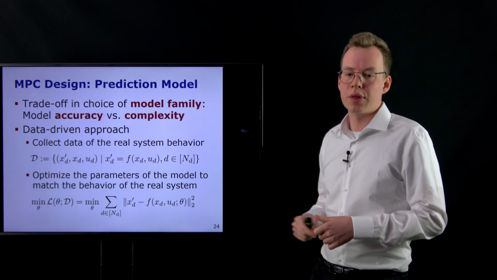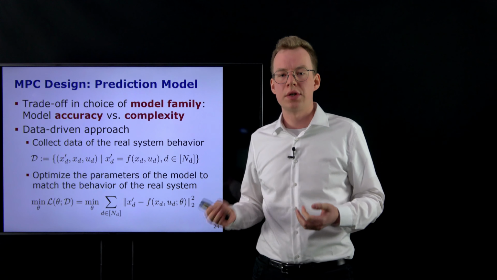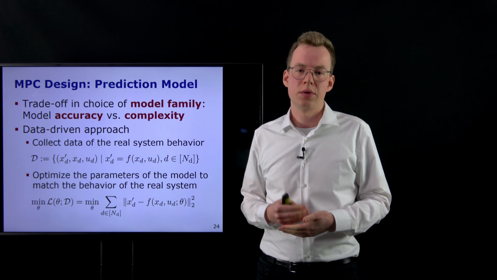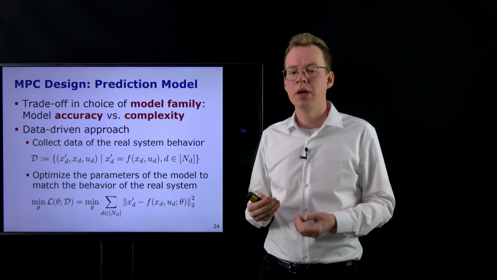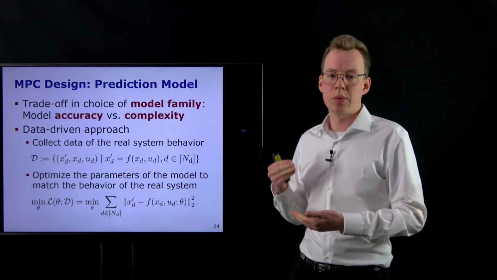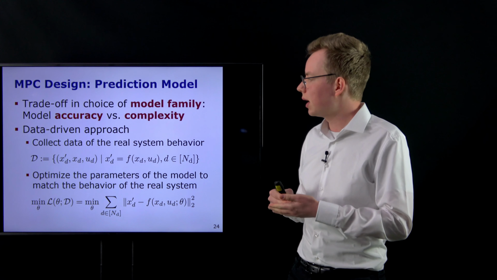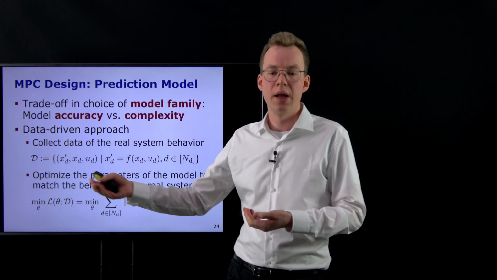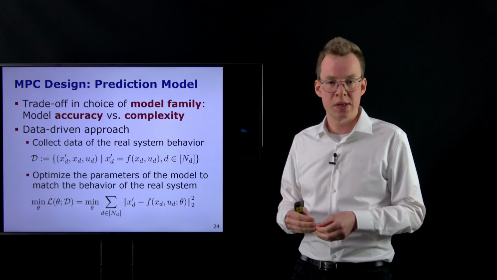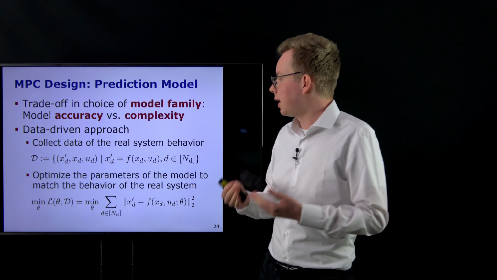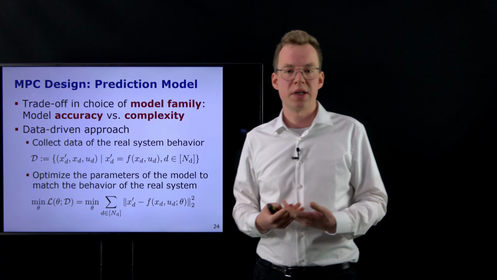Okay, so let's start with the prediction model. The general trade-off that we have to solve when choosing a prediction model is between accuracy, that is, we want to be able to very accurately predict how our inputs affect the future states of the system, and complexity, that is, we want to have a very simple model that allows us to solve this optimization problem quickly.